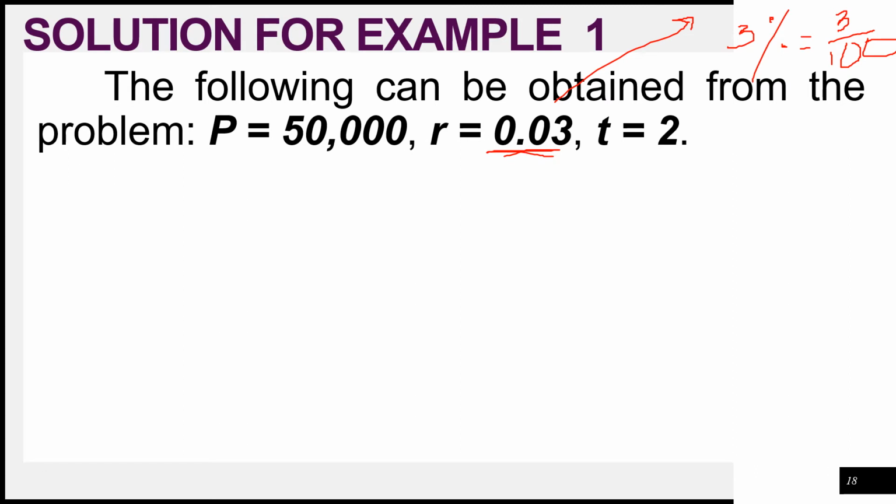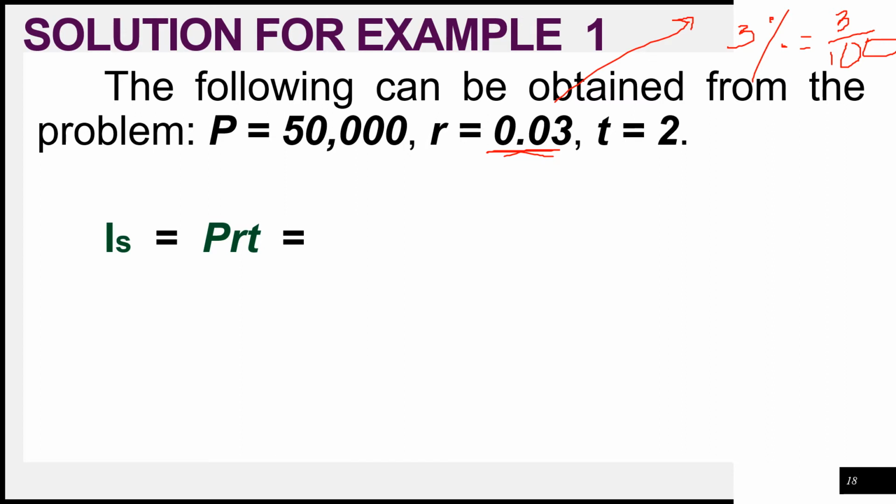And finally, we have the term which is equal to 2, or 2 years. Then, since we are asked about the interest for this particular problem, then we have the formula I is equal to PRT, or the principal times the rate times the time.